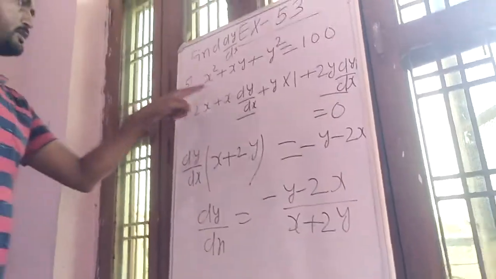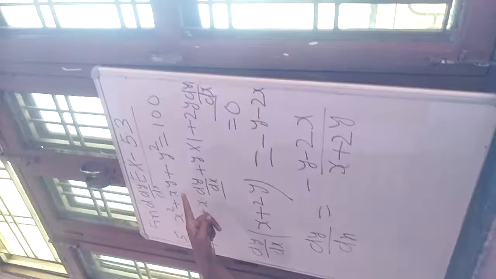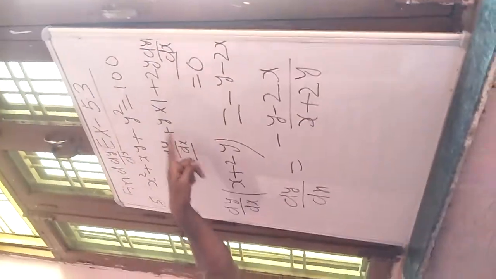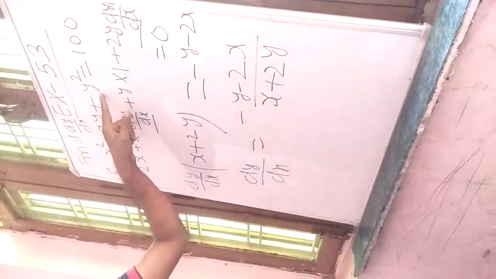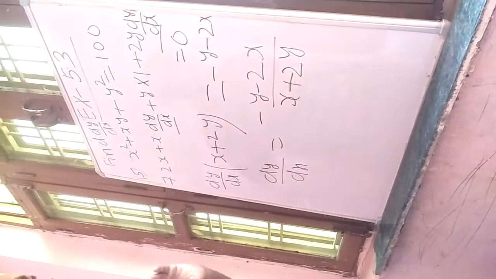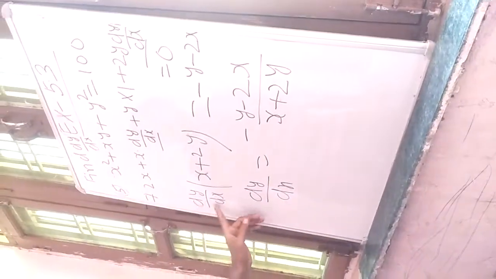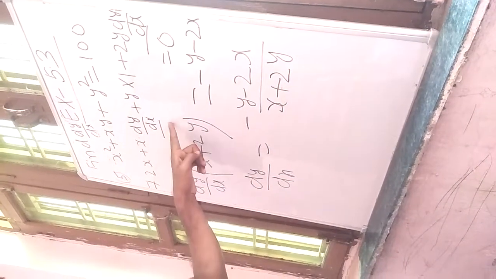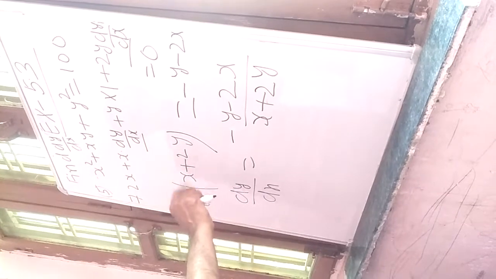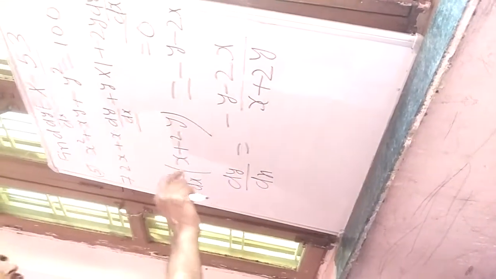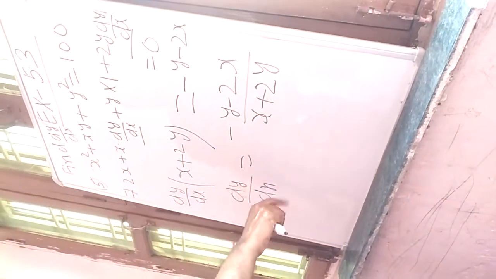And we also explain: x square gives 2x and x into y is a product rule, x into dy by dx plus y into 1, y square gives 2y into dy by dx equal to 100 is constant, that is 0. Next, both have dy by dx, we take common. So here is x plus 2y equal to minus y minus 2x, and dy by dx equals minus y minus 2x upon x plus 2y. This is clear.